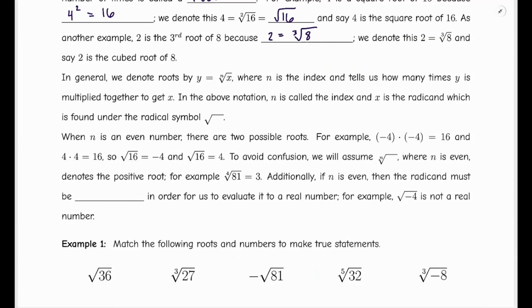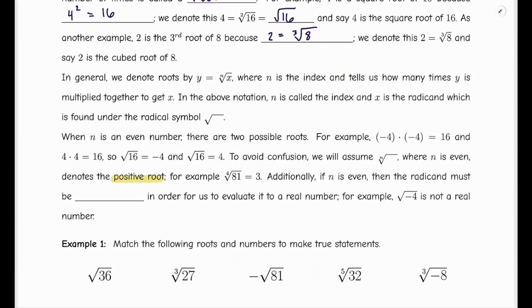When n is an even number, there are two possible roots. For example, -4 times -4 equals 16, and 4 times 4 equals 16. So the square root of 16 equals -4, and the square root of 16 equals 4. To avoid confusion, we will assume the nth root, where n is even, denotes the positive root.